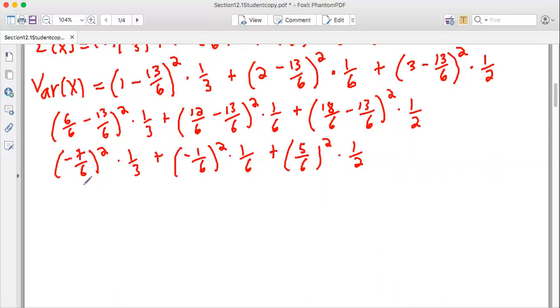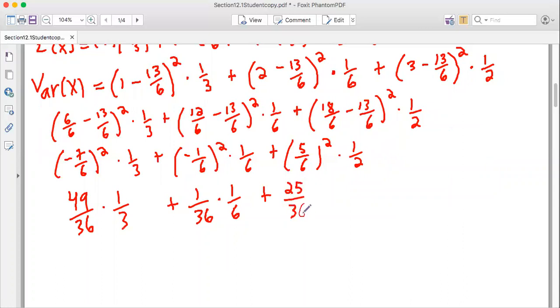Negative 7 over 6 times negative 7 over 6 gives me 49 over 36 times 1/3, plus negative 1 over 6, squared, gives me positive 1 over 36 times 1 over 6. And then plus 5 over 6, squared, gives me 25 over 36, times this 1/2.